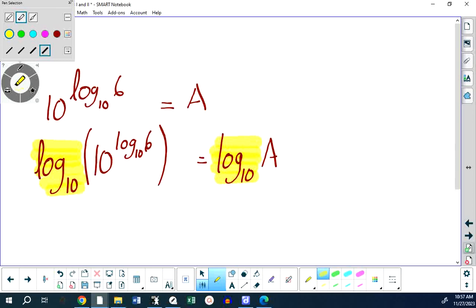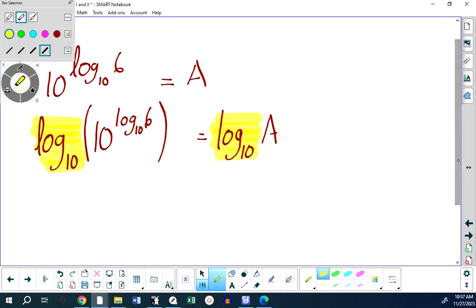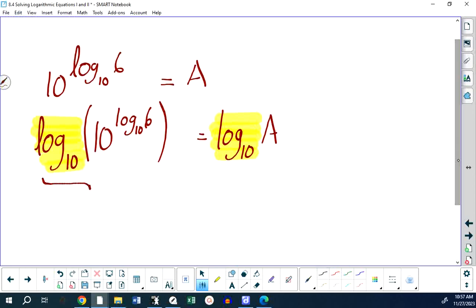But now what is this equal to? This gets very confusing. What is that equal to? It's the exponent to which you raise 10 to get 10 to the log base 10 of 6, which is log base 10 of 6. To what do I raise 10 to get what's in here? Well, I need to raise 10 to this exponent.